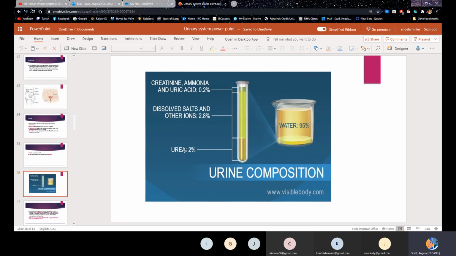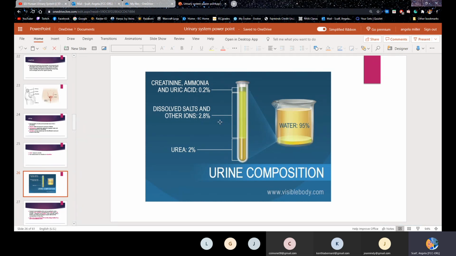We're going to come back and talk about this urea later, because if it's too high, that could mean trouble. We're also going to come back and talk about creatinine, ammonia, and uric acid, because they're only 0.2%. If it's real high, that means there's trouble in the urinary system.